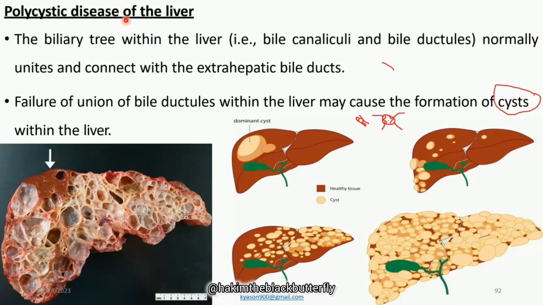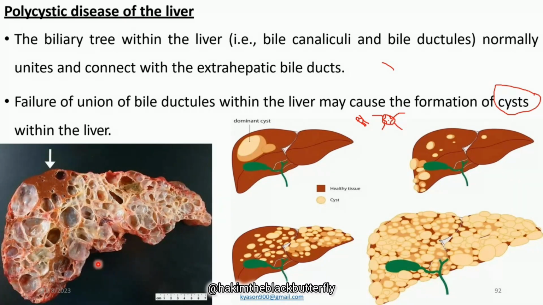If those genes are mutated, obviously those intrahepatic bile ducts are not going to form normally. The small ductules will remain that will later on become cysts, resulting into too much accumulation of cysts within the liver.